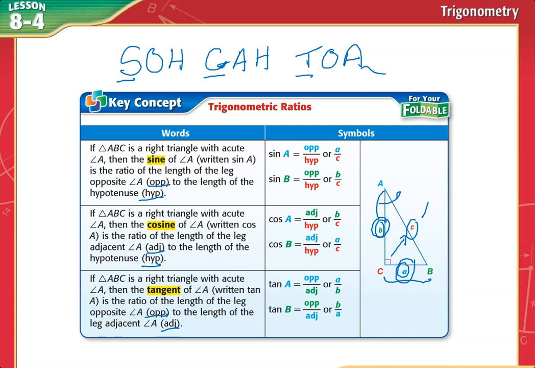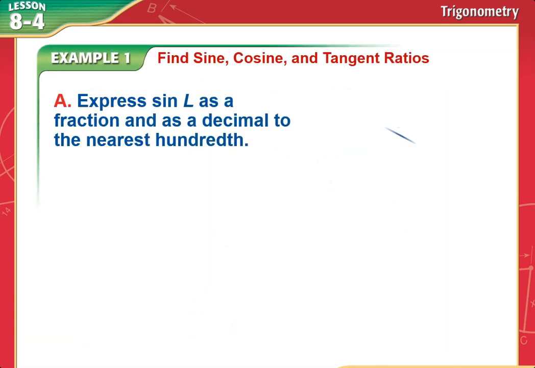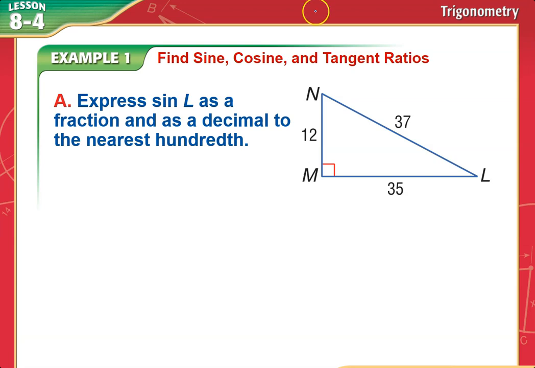Next one. We're going to express the sine of angle L as a fraction and a decimal to the nearest hundredth. Here's my angle L, and we are representing sine.